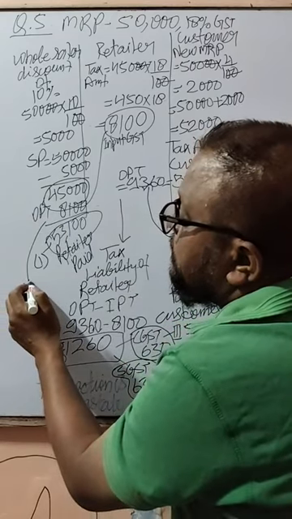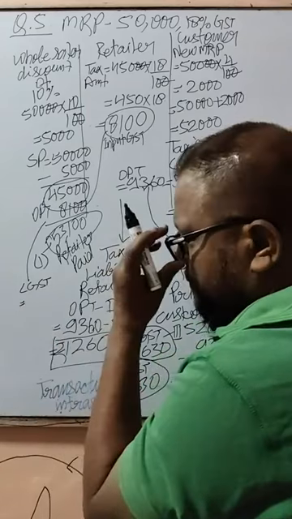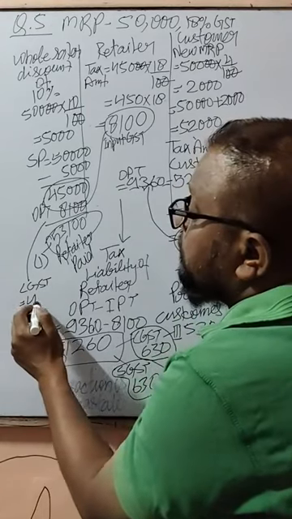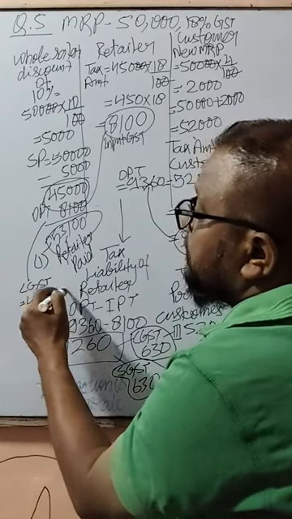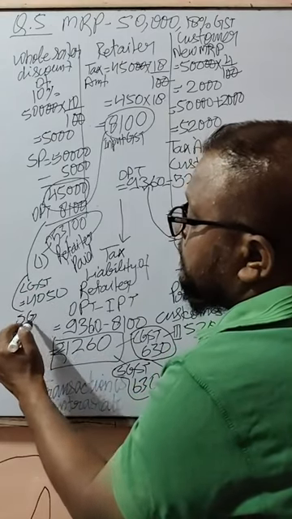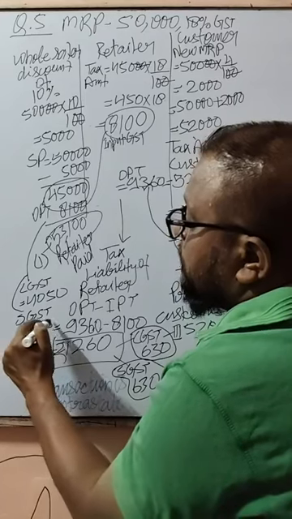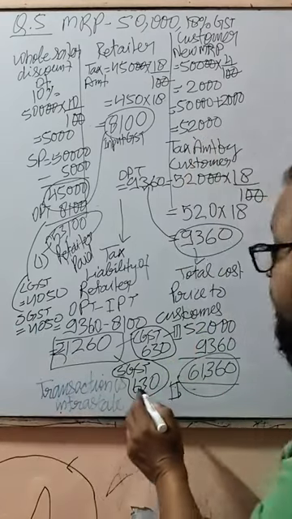CGST is equal to 4,050 and SGST is 4,050.